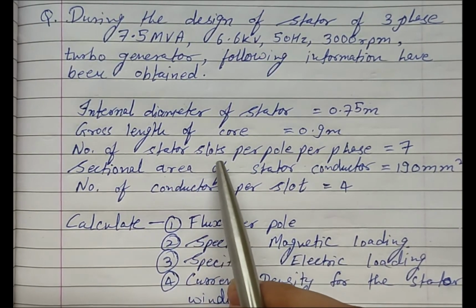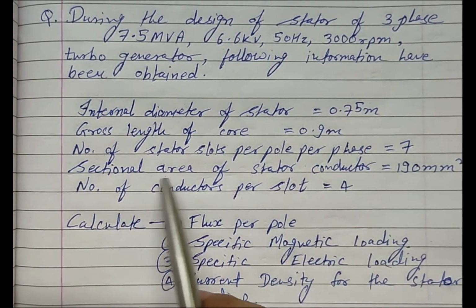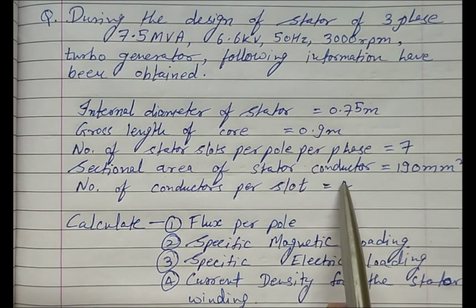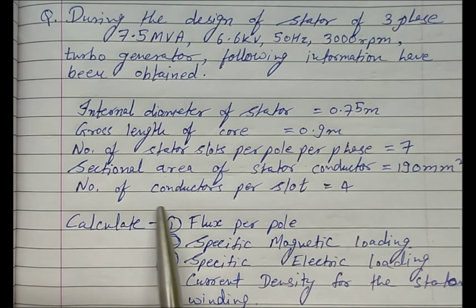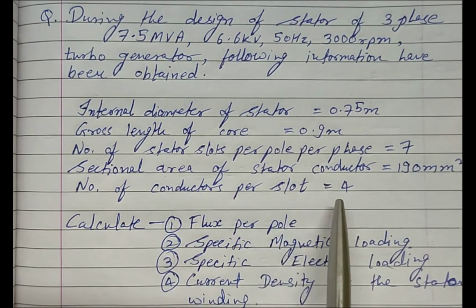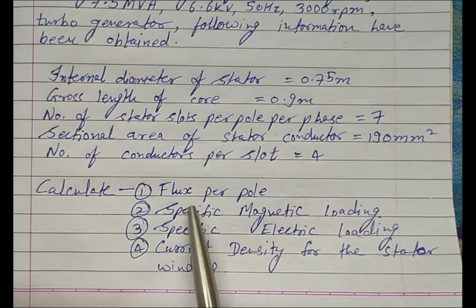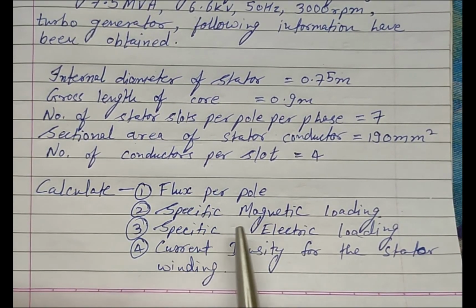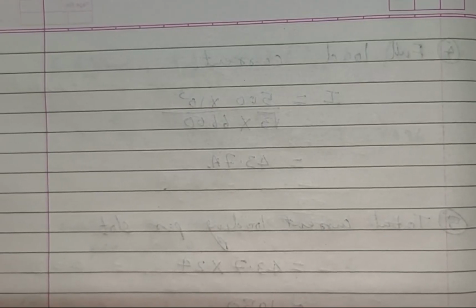The number of stator slots per pole per phase is taken as 7. The sectional area of the stator conductor is 190 millimeters square. The number of conductors per slot is 4. Based on this data, you need to calculate the flux per pole, the specific magnetic loading, the specific electric loading, and the current density for the stator windings. So let's start solving this numerical.